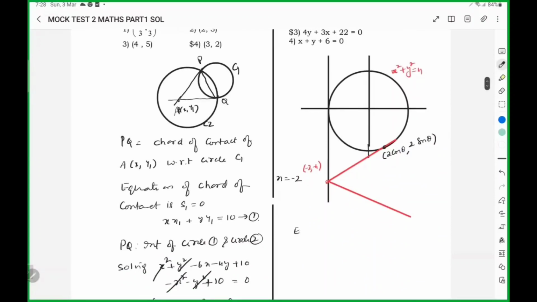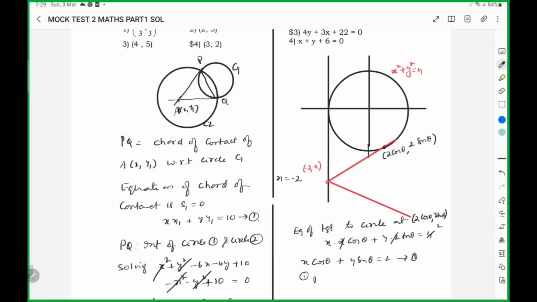So equation of tangent to circle at 2 cos theta comma 2 sin theta is xx1 plus yy1 equals 4, so here you will have x cos theta plus y sin theta is 2.